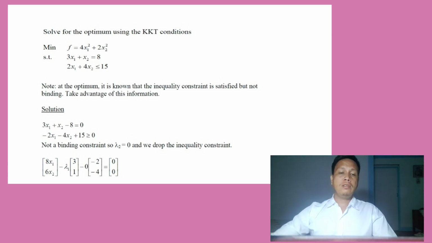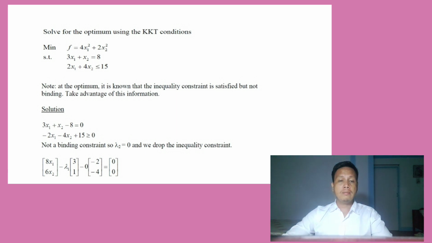So note, at the optimum, it is known that the inequality constraint is satisfied but not binding. So we have to take advantage of this information. So solution: 3x sub 1 plus x sub 2 minus 8. So we have to rewrite the first constraint. Negative 2x sub 1 minus 4x sub 2 plus 15 greater than or equal to 0.